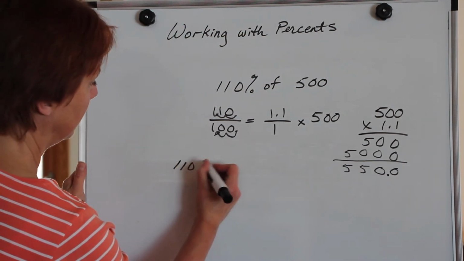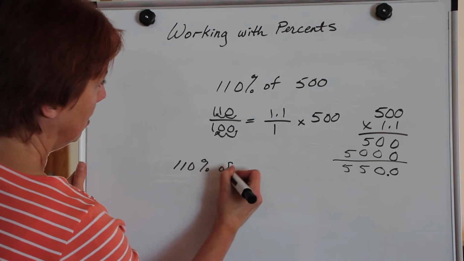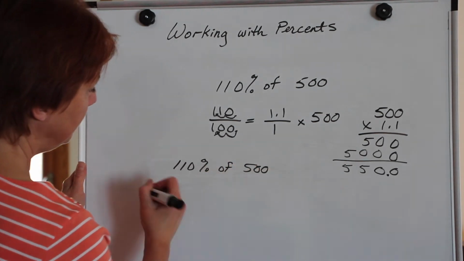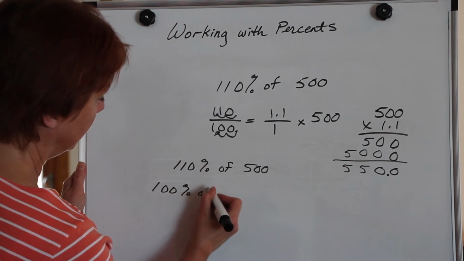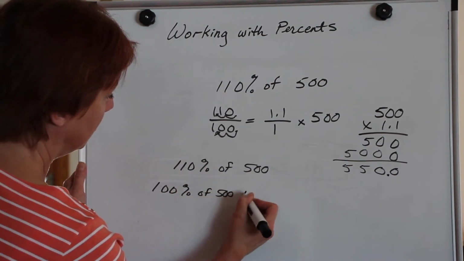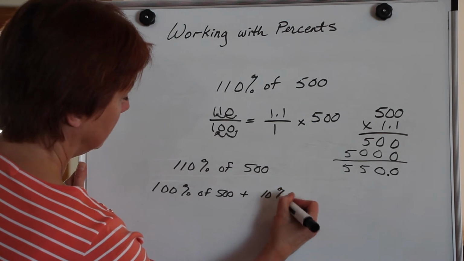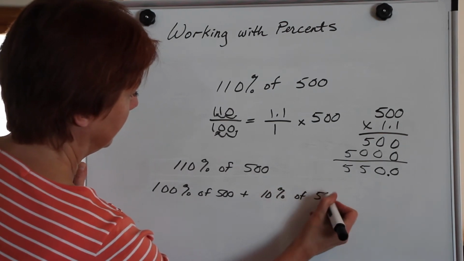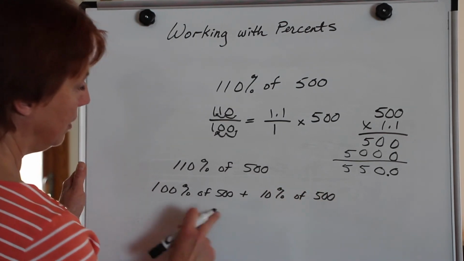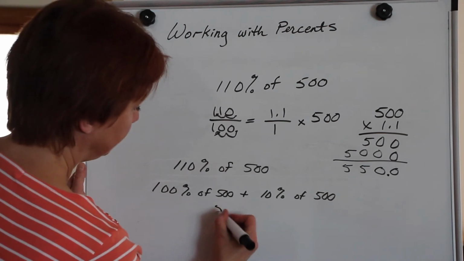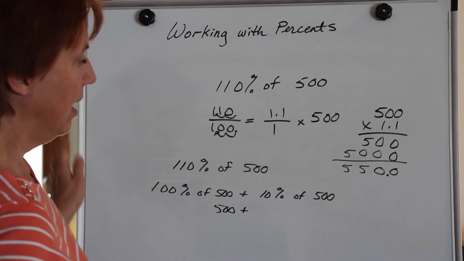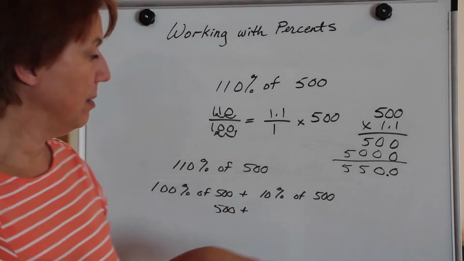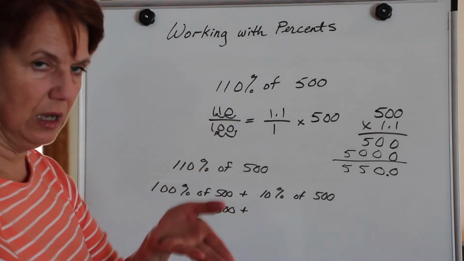So here's another way of looking at it. We could say that 110% of 500 is 100% of 500 plus 10% of 500. Well, we know 100% of 500 is 500. And 10% of 500, anything that is 10% of a number that's got zeros on the end, just lop off a 0.